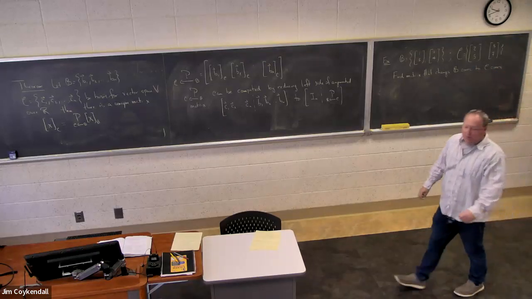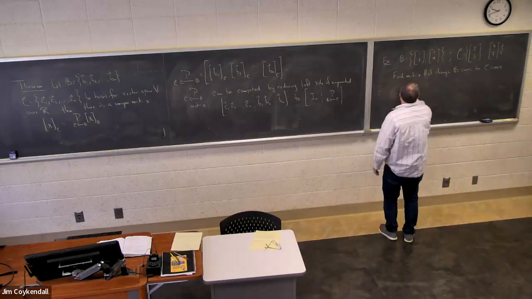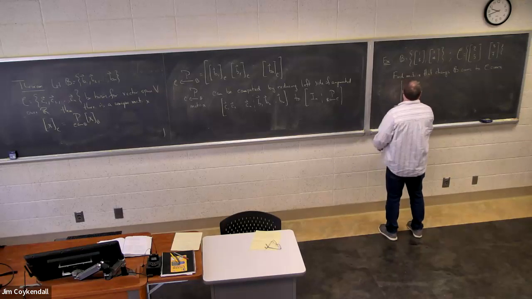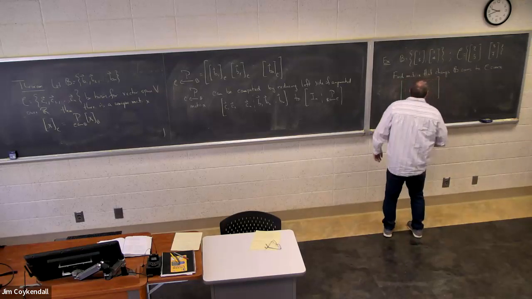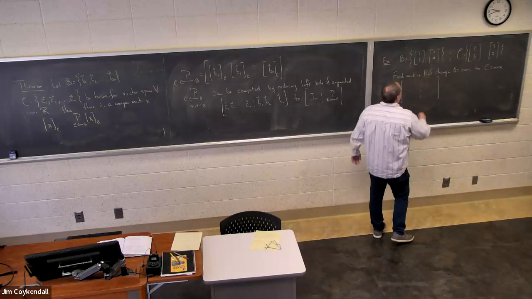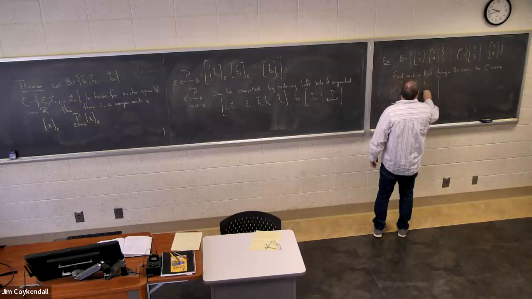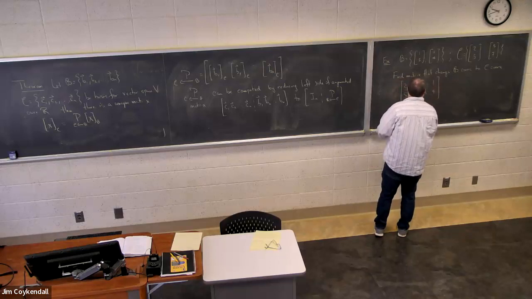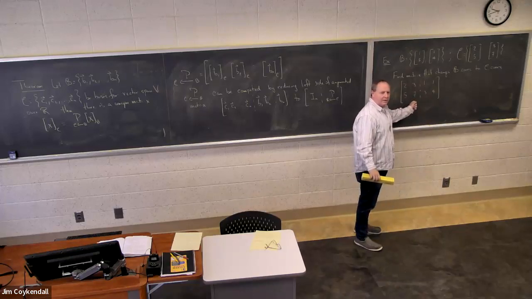Well, here's the procedure that we can go through now. I'm going to C, so it's 2, 5, 3, 7. Now, I want to reduce the C side to be the identity.